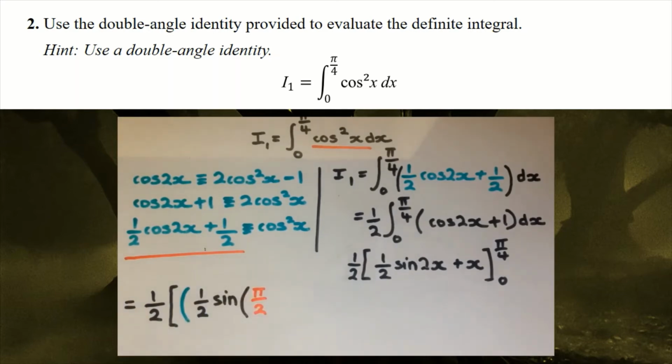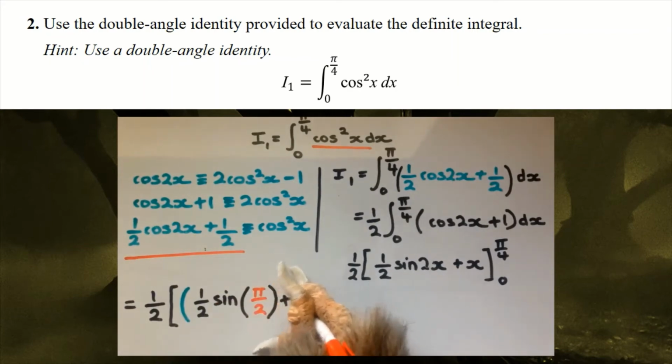There we have it. And then this time we're adding pi over 4. There we go. So that's the upper limit substituted in. We'll evaluate that in a moment.